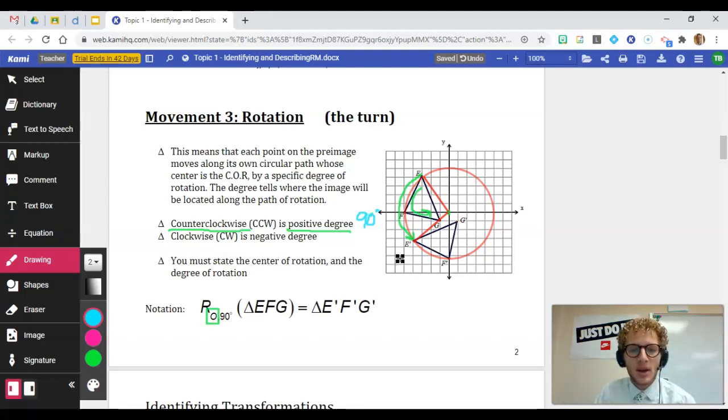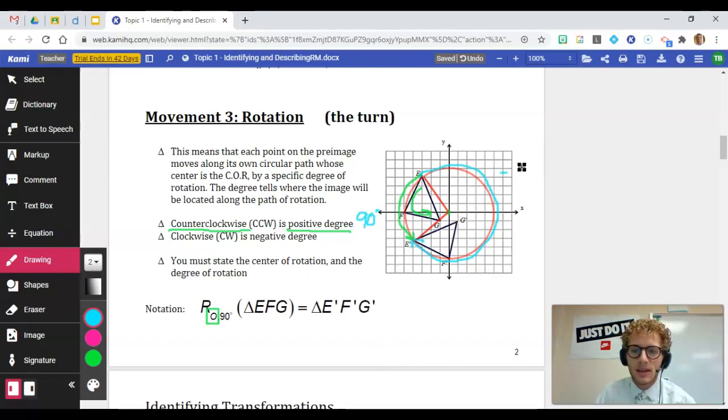But clockwise is the negative degree. So for this point E, if we moved in a clockwise direction around the circle to E prime, that would be 270 degrees. It's 360 degrees minus 90 degrees. So that's three-quarter turns, 270 degrees in the clockwise direction.